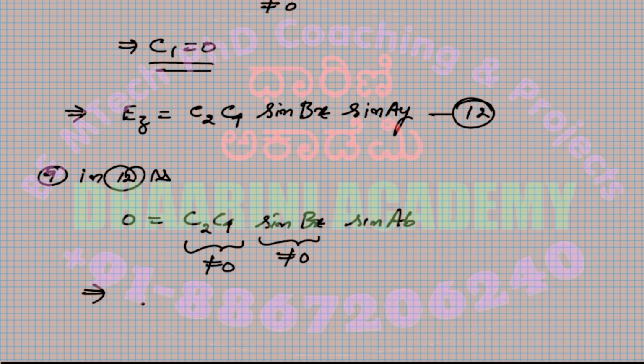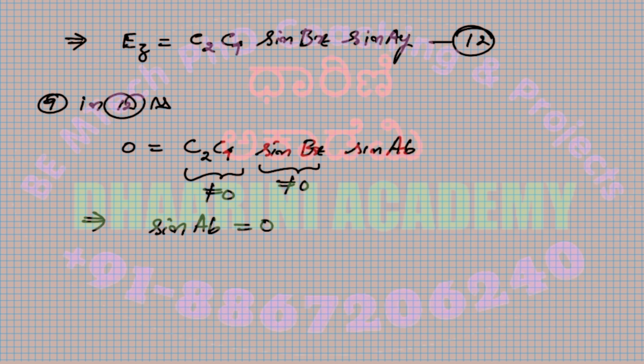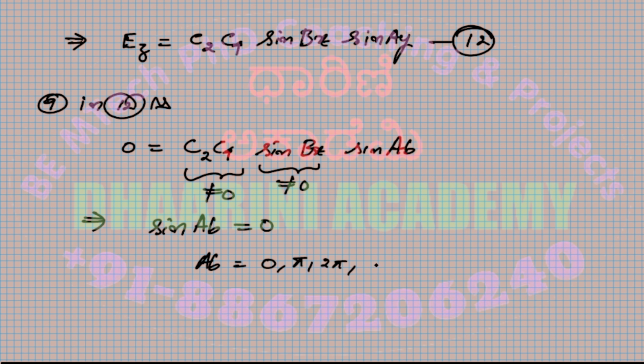Let me try to write this. Sine ab is equal to 0. This implies, now you see, sine of an angle is equal to 0. So ab should be equal to 0, it can be pi, it can be 2 pi, it can be 3 pi. In general, it can be n pi.